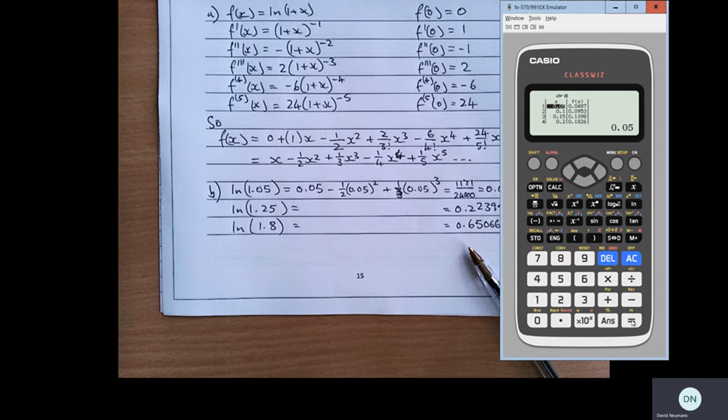So 0.05 gives us 0.0487 it's telling us here. If we go across there, it does show that to a greater number of significant figures, greater precision. And if we go down, we've got 0.25 there, so that's the value that I wrote down. And down to 0.8, again 0.6506666, and so on.